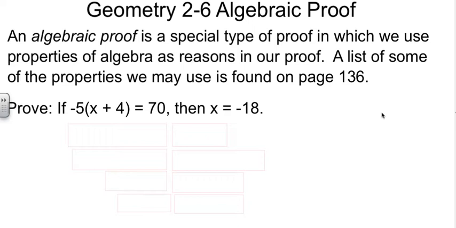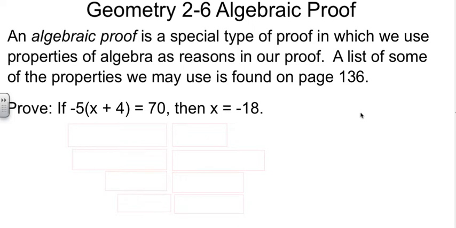Our job here is to prove the following statement. If negative 5 times x plus 4 is equal to 70, then x is equal to negative 18. One thing you may not do, and this is very important, I hope you're listening because someone will try to do this, and then they'll wonder why it got marked wrong.